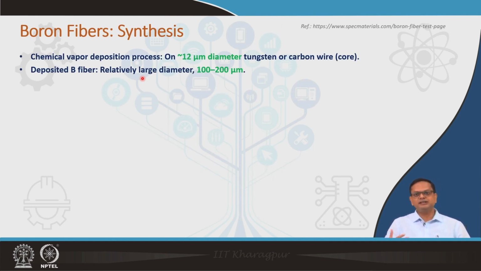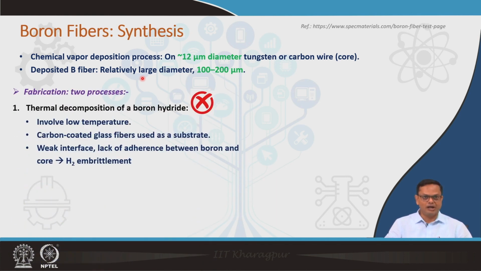As I mentioned in the first slide, boron fibers are basically deposited by chemical vapor deposition. This CVD is done on a substrate which is basically a tungsten or carbon wire, with a diameter of around 10 micrometer, and on that around 100 to 200 micrometer of boron is deposited. Historically, there are two basic techniques by which boron fibers are synthesized.